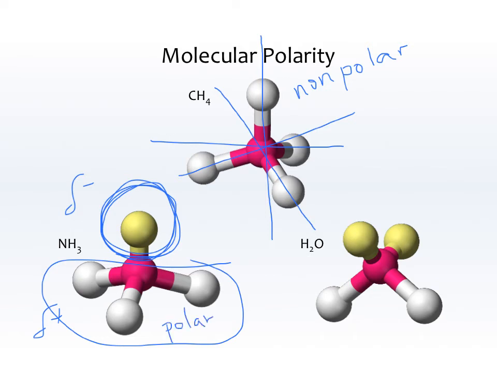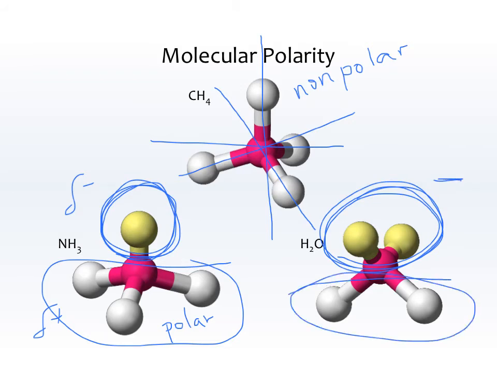Same thing with the water, the bent non-planar. We've got a negative side up here where the lone pairs are, and a positive side down in the bottom where the hydrogens are. So this molecule is also polar. It kind of looks like, at this point, if you have lone pairs on the central atom, you are going to have something that's polar. But that's not always the case.